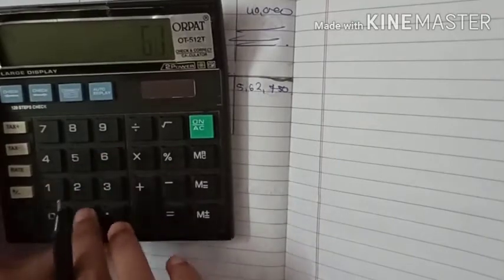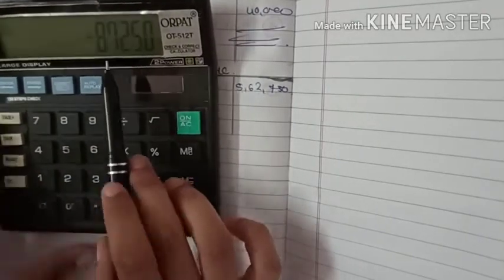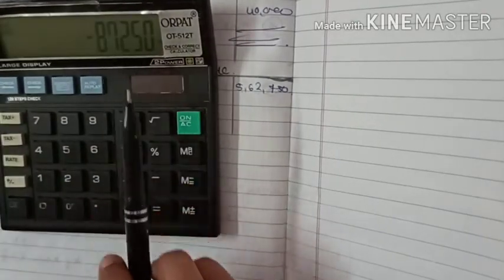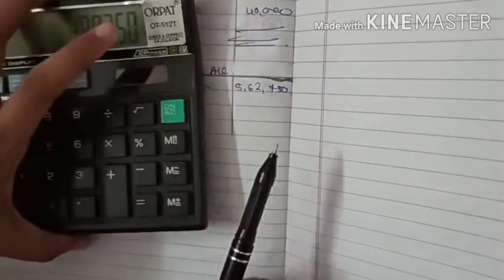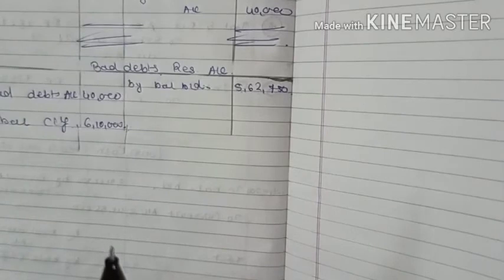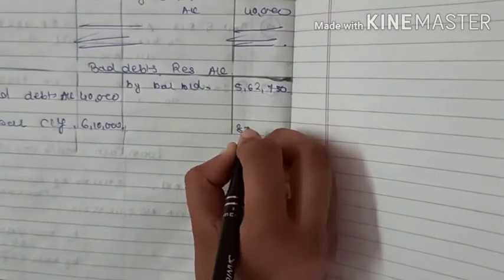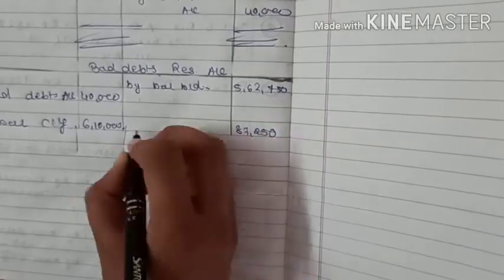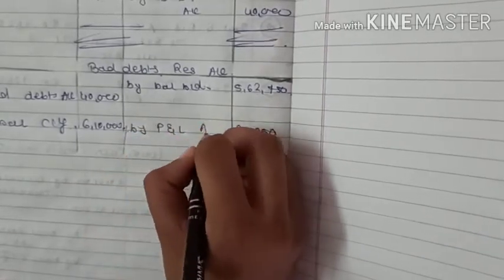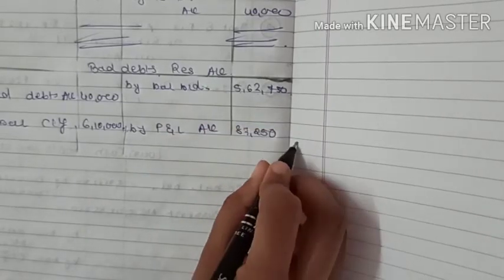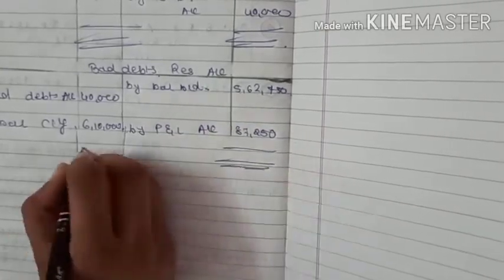So the amount of rupees needed is 87,250. Carefully understand, whenever we make a new bad debt reserve, it is made from the P&L only. So we write down 87,250 from the P&L. So by P&L account 87,250, and we close the account.